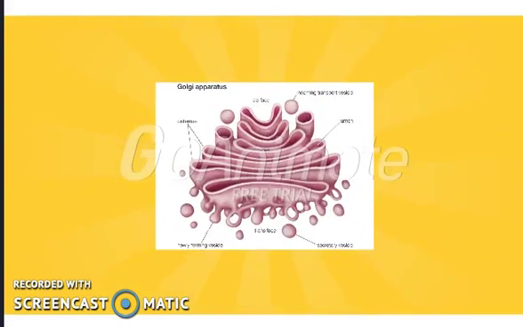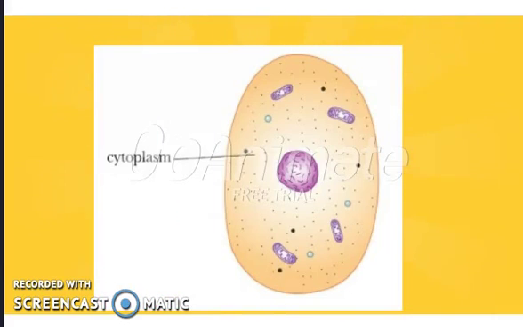Also contain the Golgi apparatus, which is a system of folded membranes found in the cytoplasm of eukaryotic cells. It functions in the secretion from the cell by exocytosis. Furthermore, both contain cytoplasm, which are the contents of a cell excluding the nucleus.